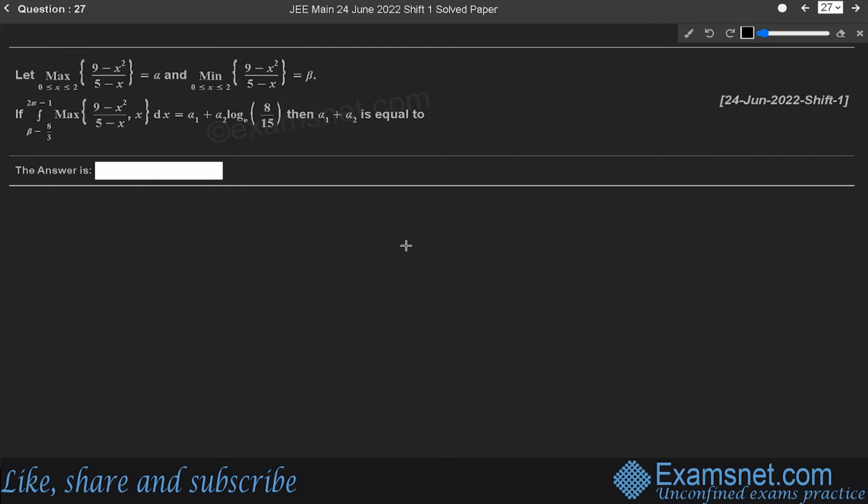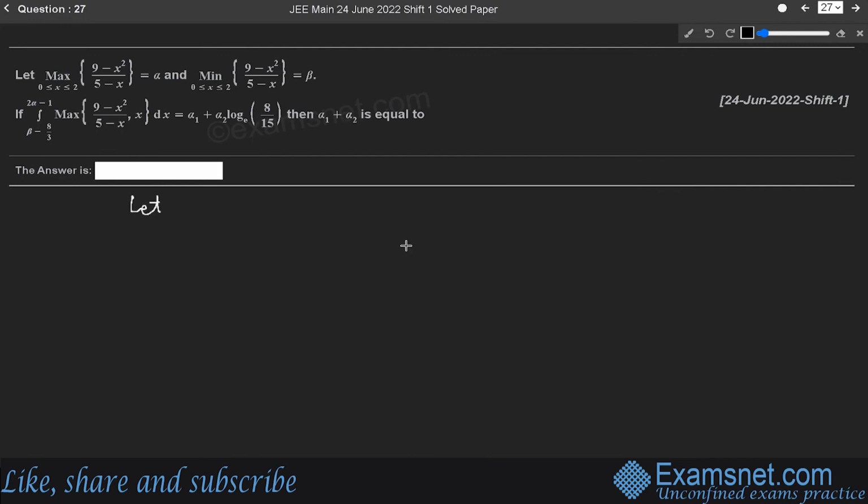If the integral from beta minus 8 by 3 to 2 alpha minus 1 of the maximum of ((9 minus x square) upon (5 minus x), x) dx is equal to alpha 1 plus alpha 2 log base e 8 upon 15, then alpha 1 plus alpha 2 is equal to. So we have to find the value for alpha 1 and alpha 2.